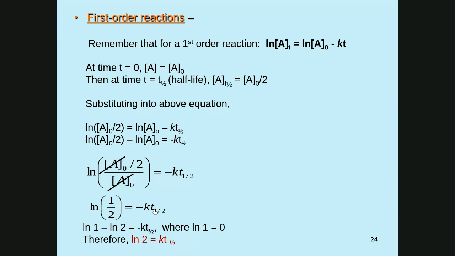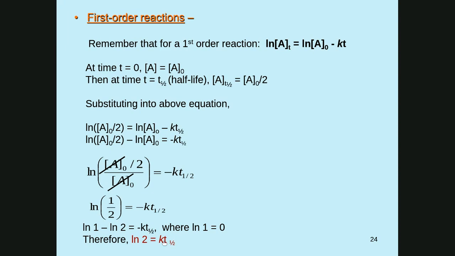Now the ln of 1 half, again splitting the logarithm, is the ln of 1 minus the ln of 2. ln of 1 is 0, right? So we end up with minus ln 2 being equal to minus k times T1 half, or ln 2 equals k times T1 half.